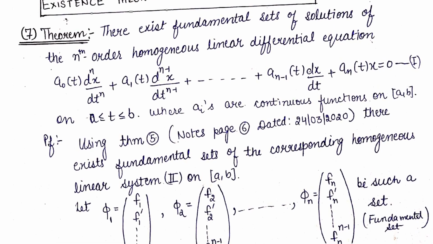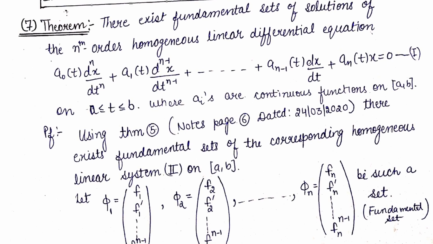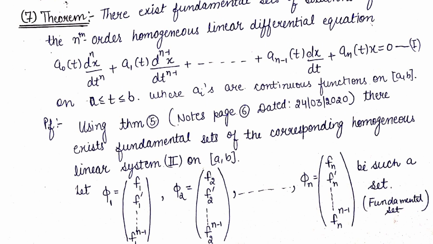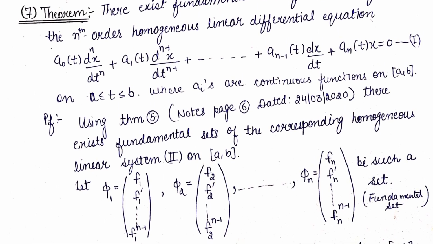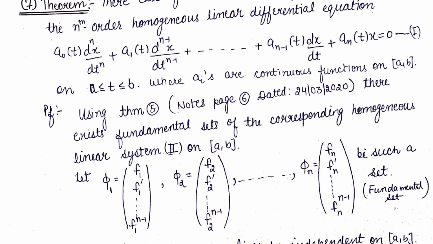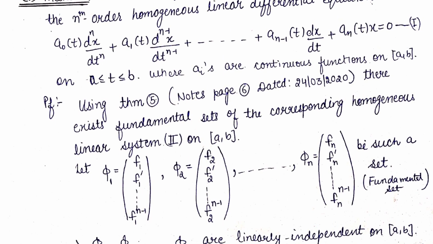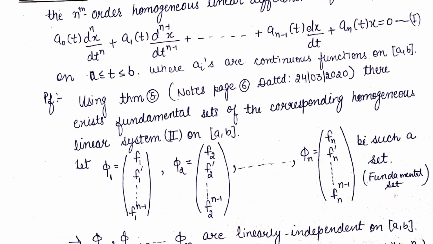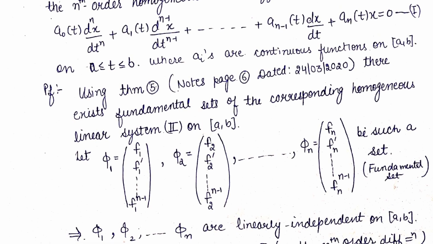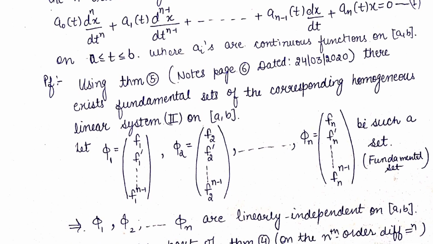So let phi 1, which is equal to f1, f1 dash up to f1 n minus 1, phi 2, which is equal to f2, f2 dash up to f2 n minus first order derivative, comma, phi n is equal to fn, fn dash, fn n minus 1th derivative, be such a set for the system 2.